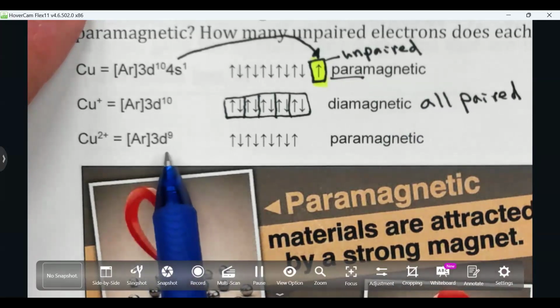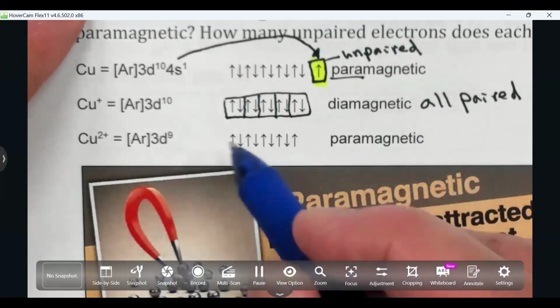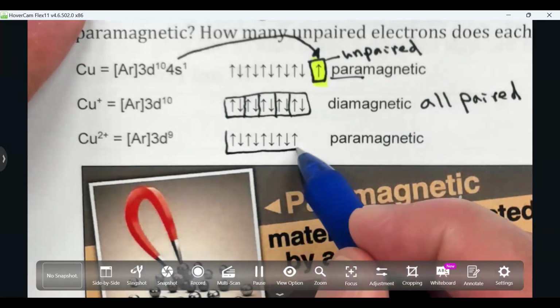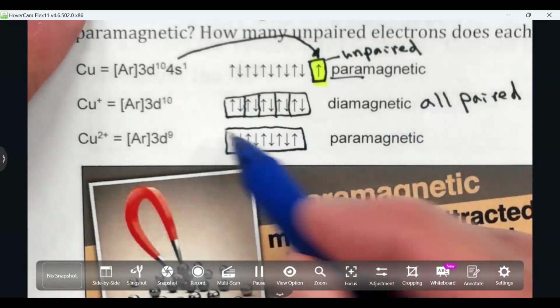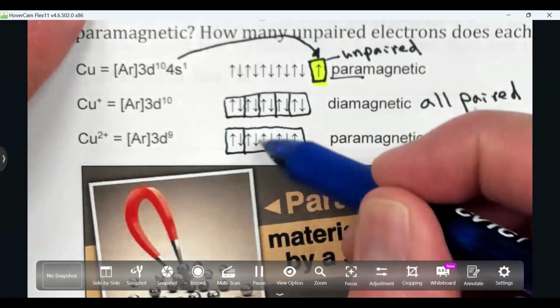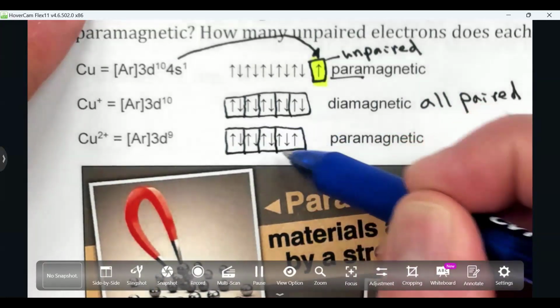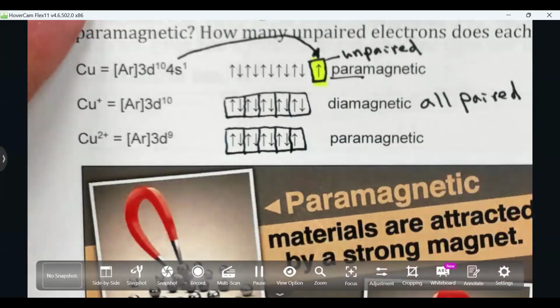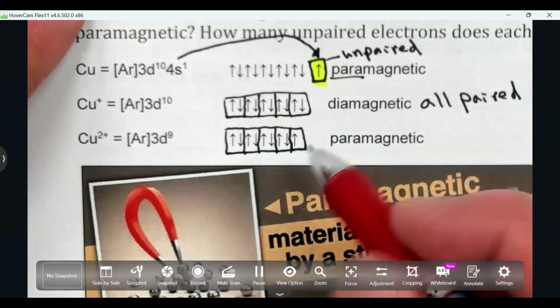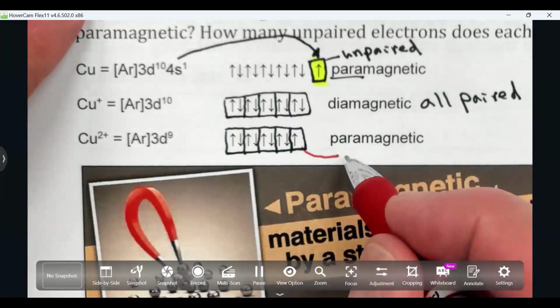And 3d9. I should make this a lot bigger. But we've got one unpaired, right?